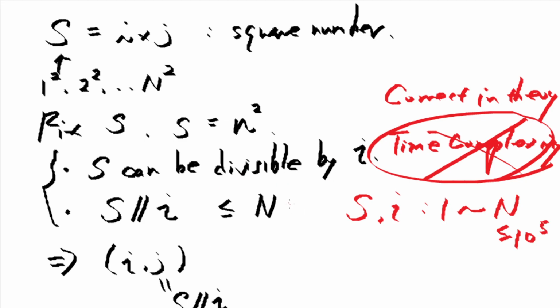So the order of the time complexity is 10 to the 10th. To give a correct answer for the AtCoder contest, the complexity is at most 10 to the 8th in general.